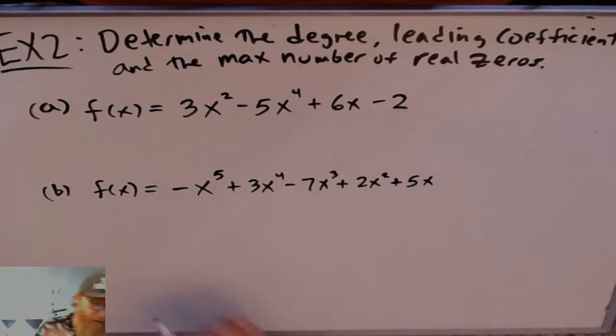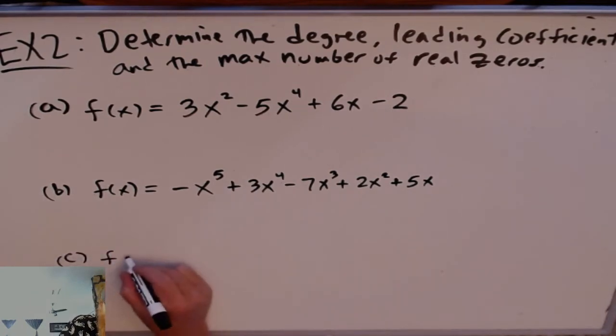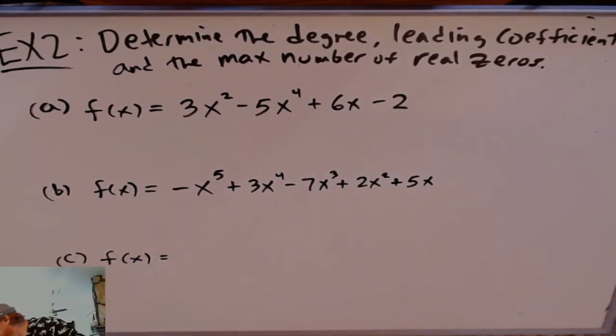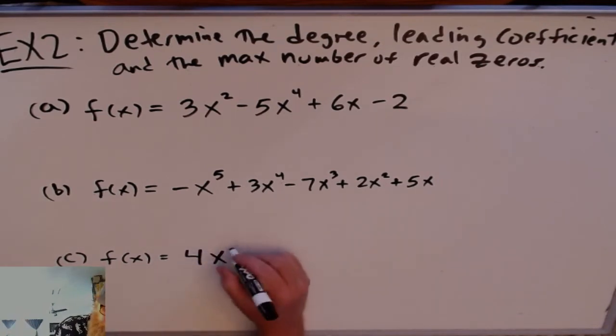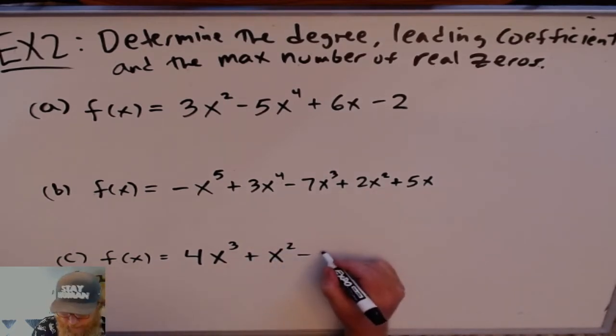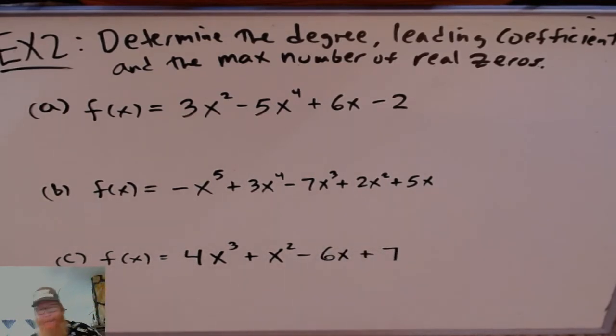I don't know. Well, that's enough. And C, I got room for a part C here. F of x is, I guess I really don't need another one, do I? What the heck. 4x to the 3rd plus x squared minus 6x plus 7.